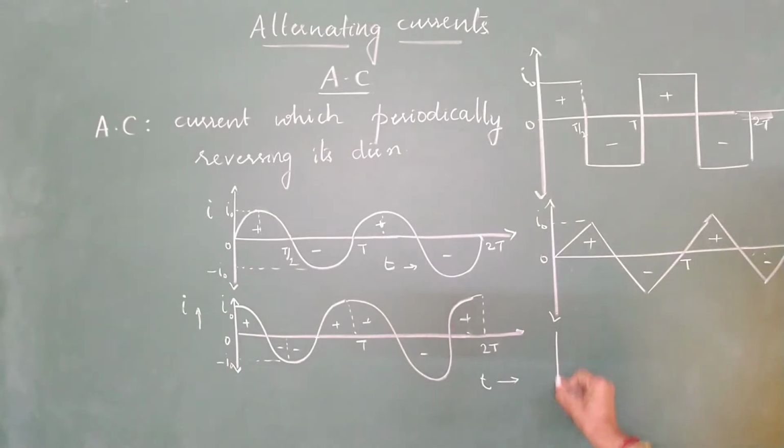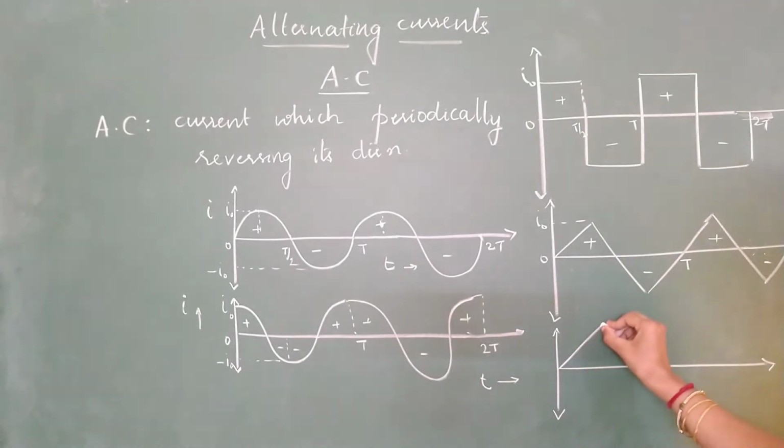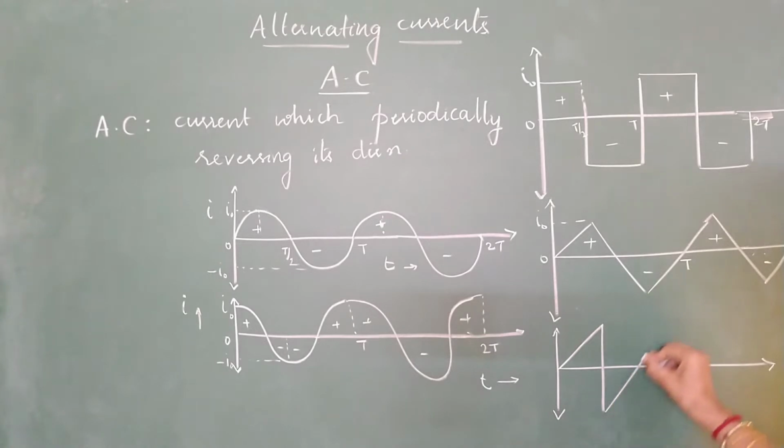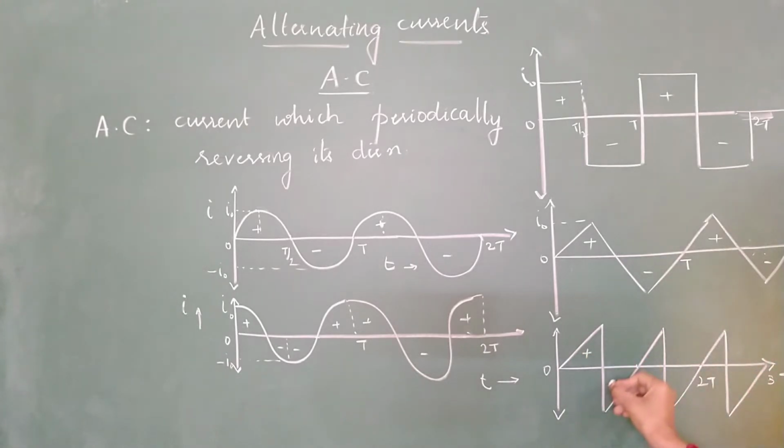It can also be a sawtooth wave. When do you call it a sawtooth? It is increasing in a straight line, again a straight line, and it continues, 0, T, 2T and 3T. Check, is it again periodically reversing its direction? The amplitude I have taken as I0.